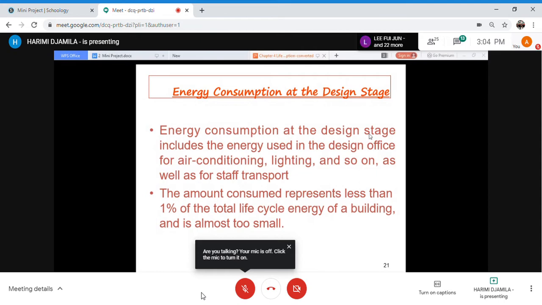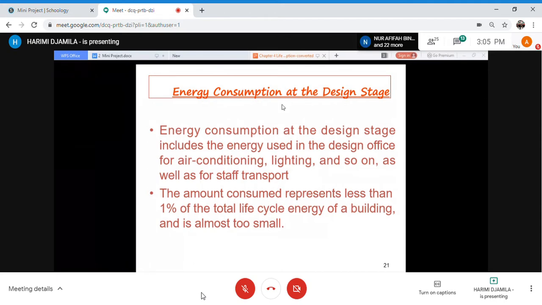They may use air conditioning. Most likely they will need lighting and laptops. They will need other instruments, including transportation, which is supposed to be considered at the design stage. It means nothing is left to chance. Everything is estimated in life cycle analysis.